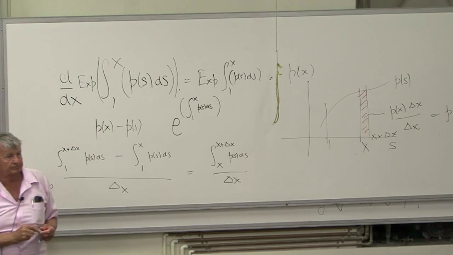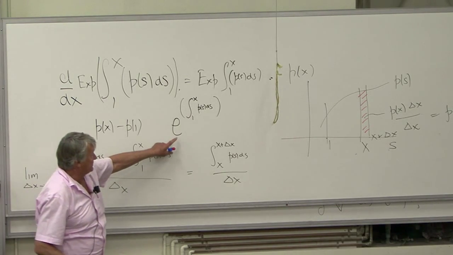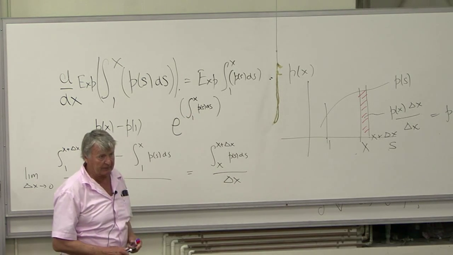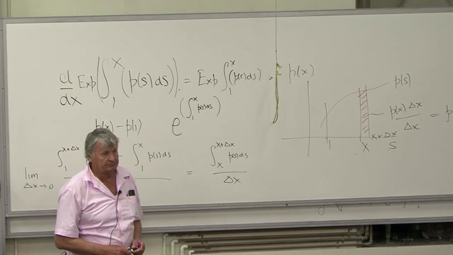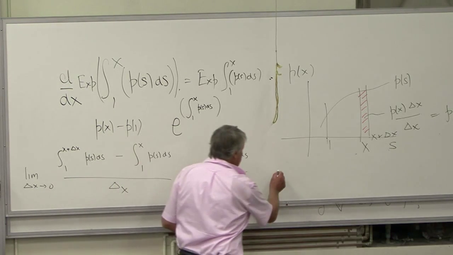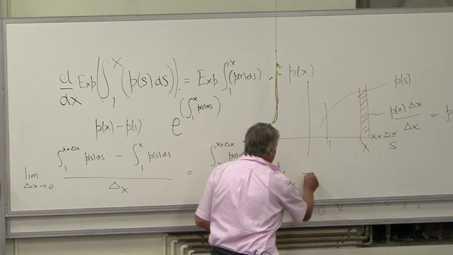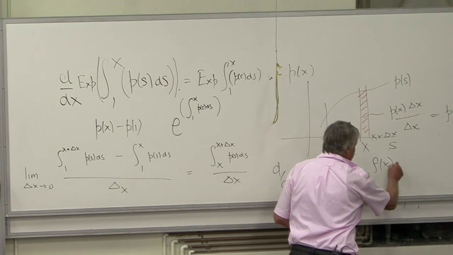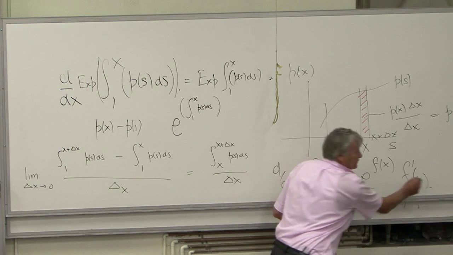Okay? So the derivative of this is going to be e to the this times the derivative of this with respect to x. Right? Because d by dx of e to the some function f of x is equal to e to the f of x times the derivative of f. Right?